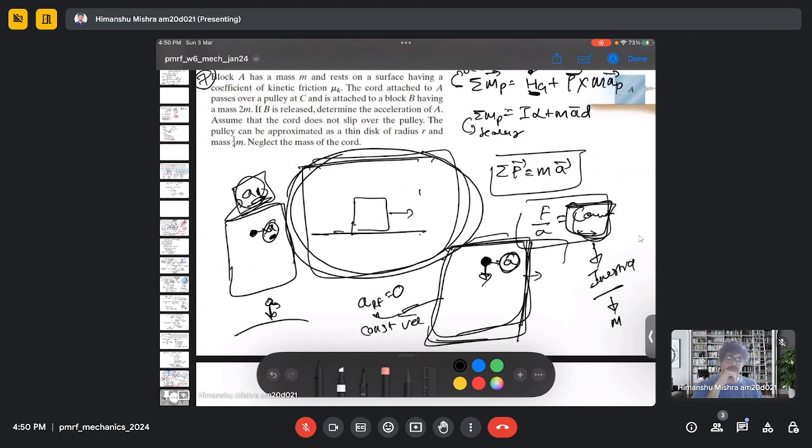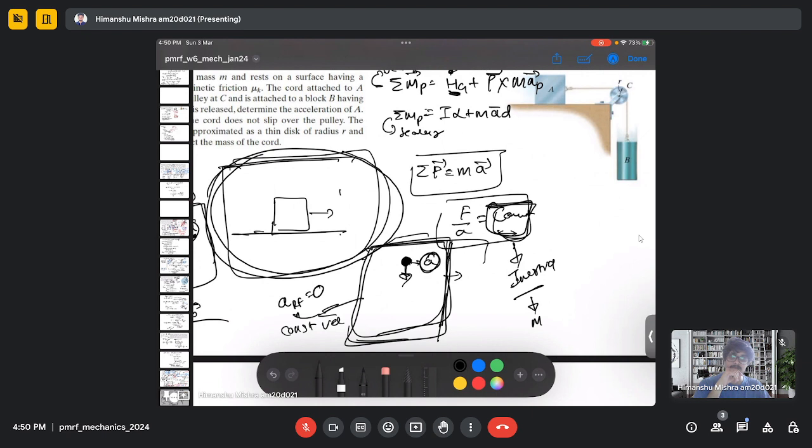Okay, just one example. If a vehicle is moving with a constant velocity, let's say 30 meters per second, at that time the forces are balanced because it is moving with uniform velocity. If there is some friction and some driving force, they are balanced. That's why it is moving at 30 meters per second.